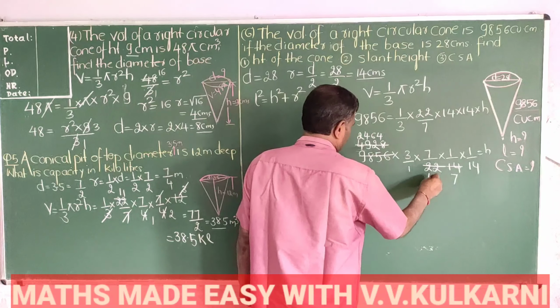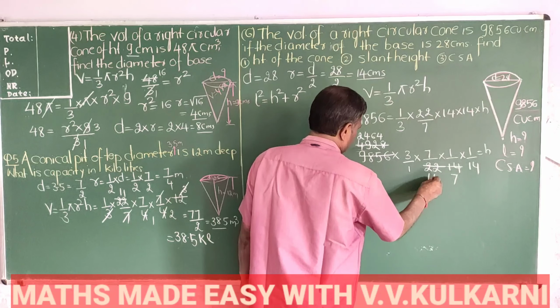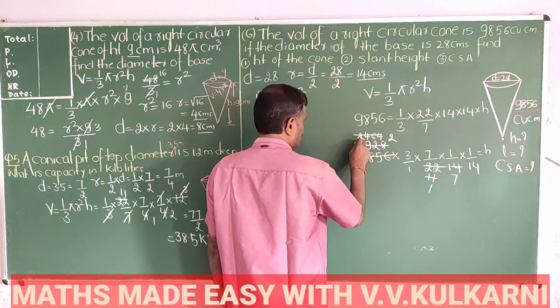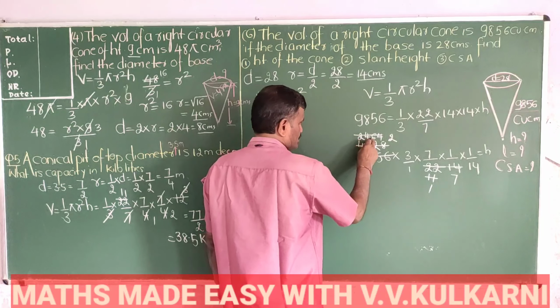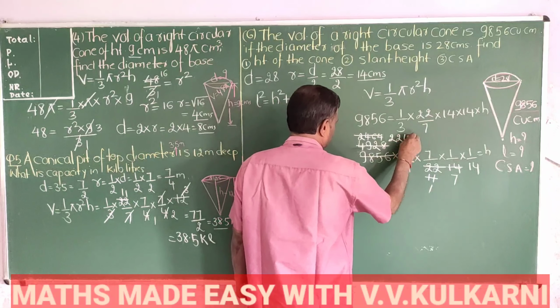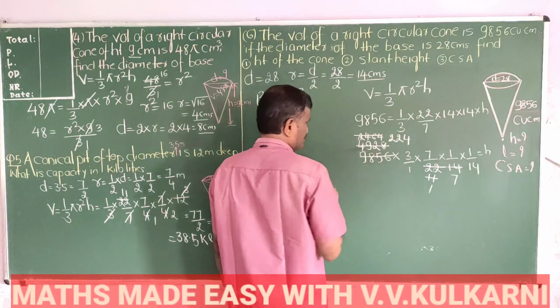Then let us see if it is possible to cancel by 11. 11 1s are 11, 11 2s are 22, 11 4s are 44. Yes, it is possible to cancel.